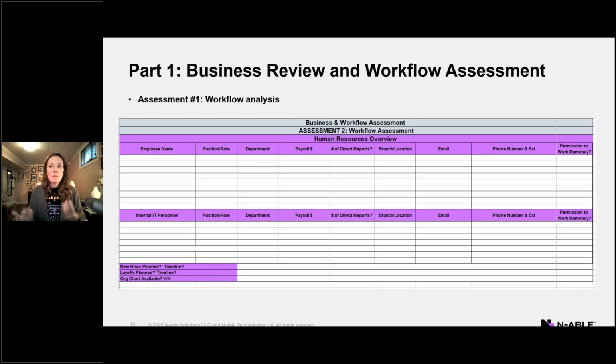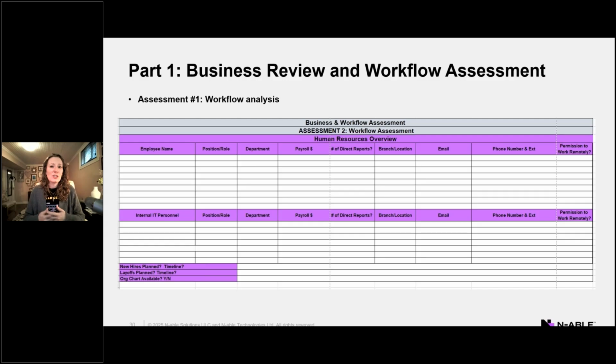So conducting our workflow assessment, to identify who the key stakeholders are that we want to speak with, we want to get an understanding of who are the most important, the most active employees currently working at your prospect's organization. And so we want to ask our prospect, and this could be something we get ahead of time, right?